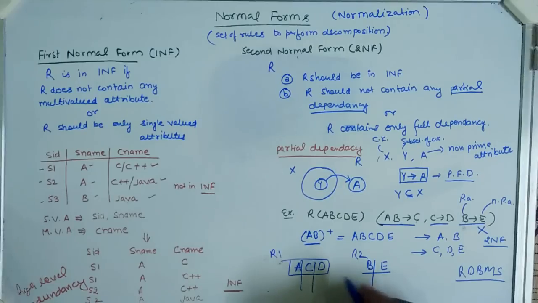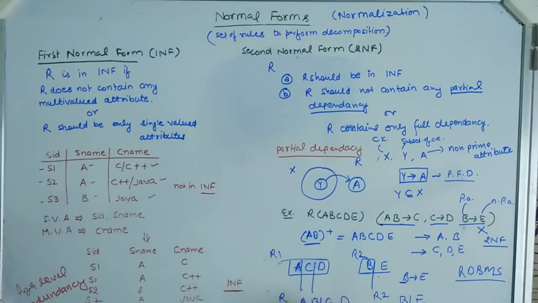The common attribute must always be the candidate key of the smaller decomposed relation. So here, because B tends to E holds in R2 and B is the candidate key, this B attribute must be in common with R1. So the final relation R1 is A, B, C, D and R2 would be B and E.